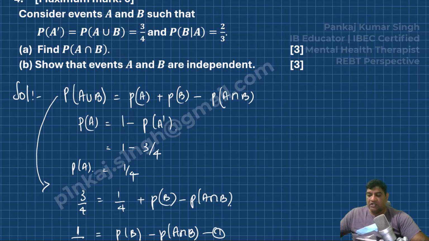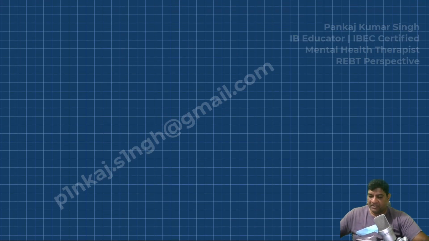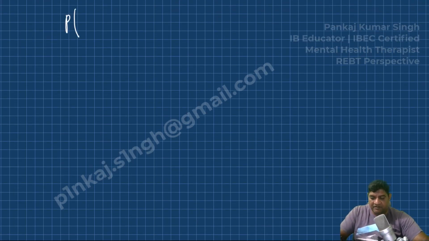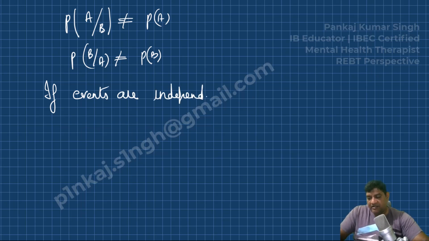The next question is talking about independence of events. So what do I know about two events which are dependent on each other? It would simply mean that if I'm calculating the probability of A, given that B has happened, then it is not going to be equal to the probability of A. Or if I'm looking at the probability of B, given that A has occurred, then it's not going to be equal to the probability of B. If events are independent, then the probability of occurrence of one of them will not affect the other.